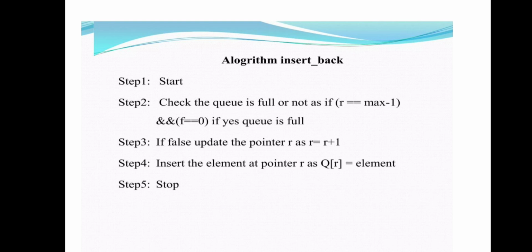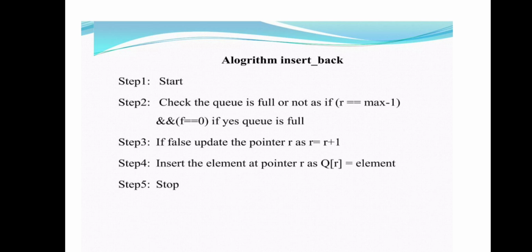The algorithm for inserting at rear position is: start. If front is equal to 0 and rear becomes max minus 1, that is size minus 1, then the queue is full. If rear equals size minus 1, then it is not possible. Other than these cases, rear equals rear plus 1.